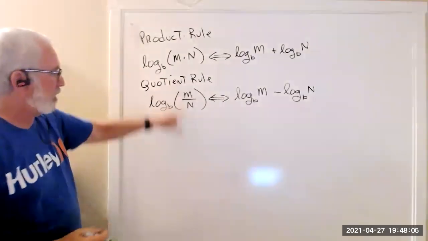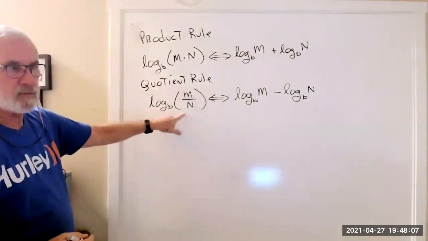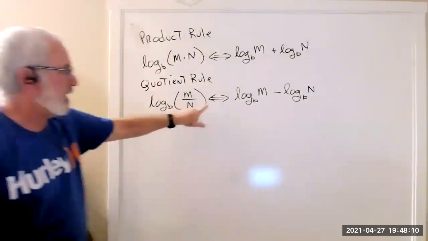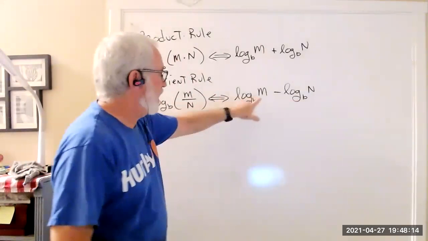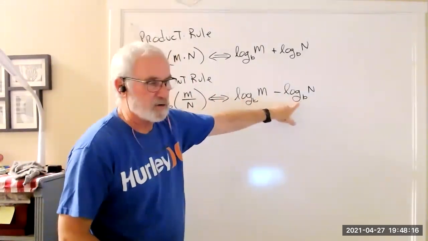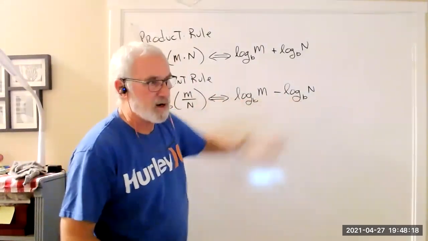The log of a division problem, m divided by n, can be expanded out into two separate logs that are subtracting.